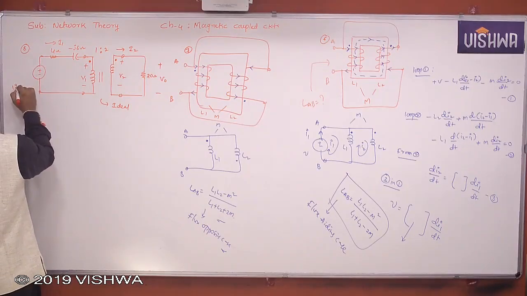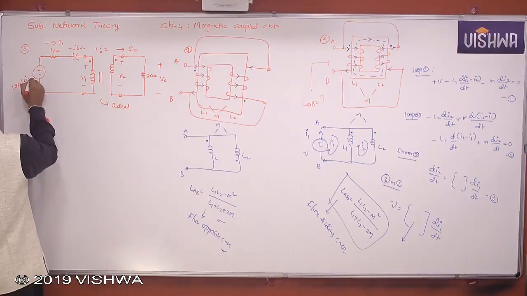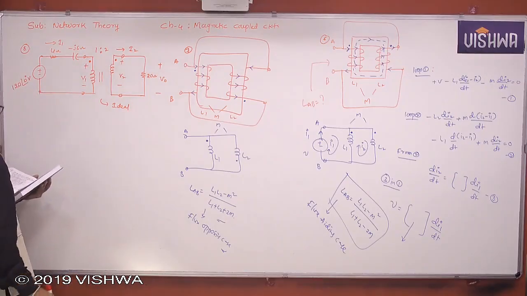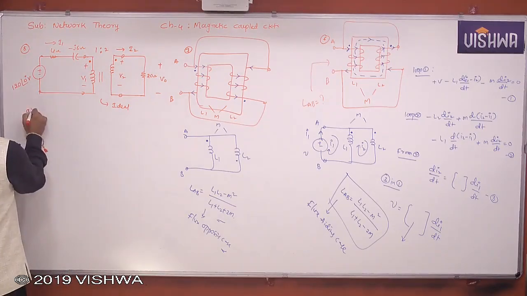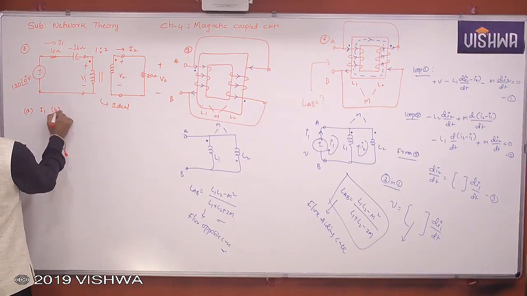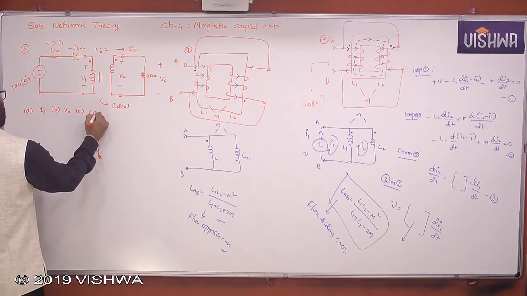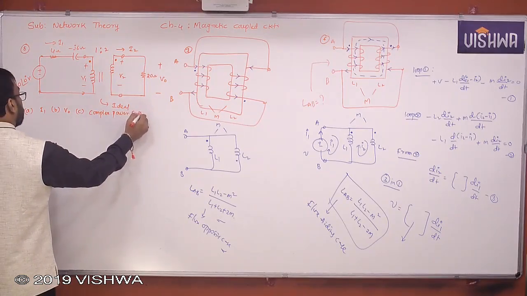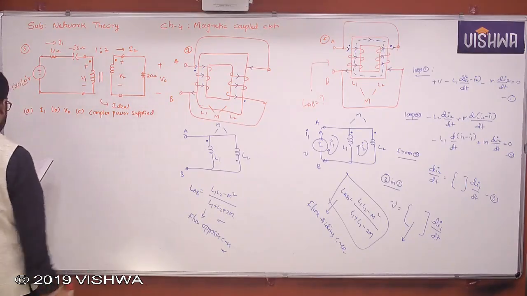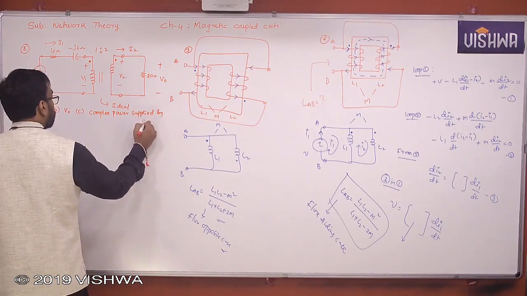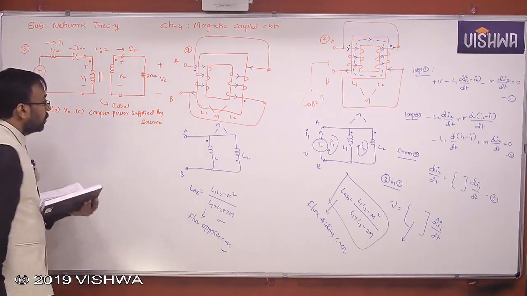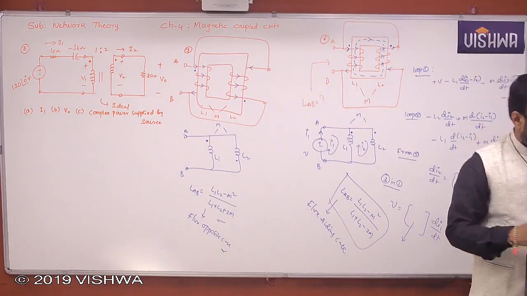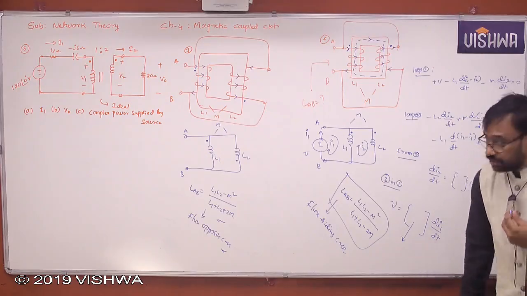The voltage is given here 120 at an angle of 0 volts. Definitely RMS value it is. You are now expected to determine A, I1, B, V0, C, complex power supplied by source. This is the question.